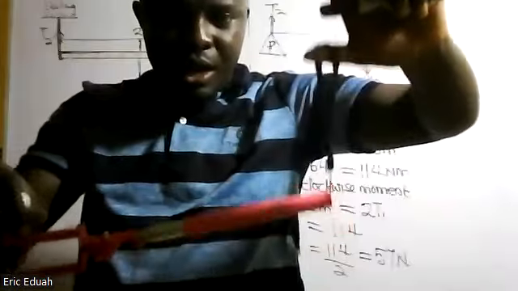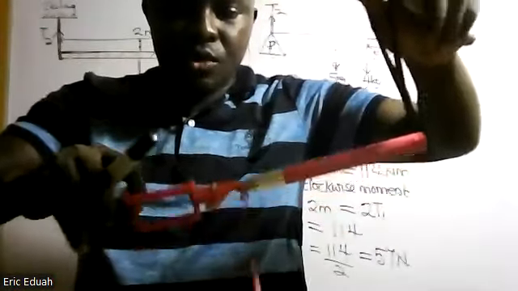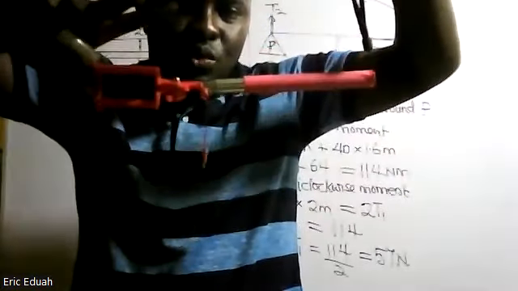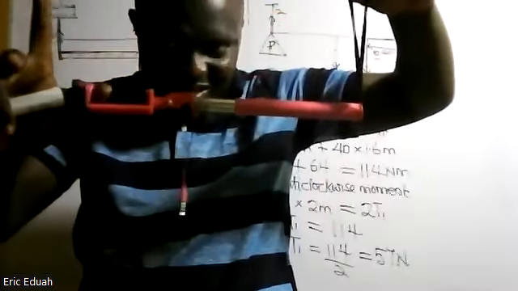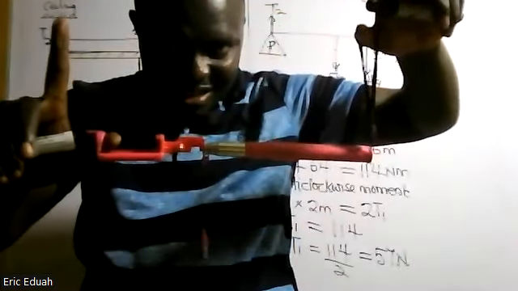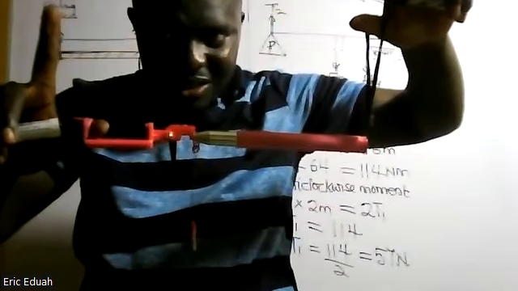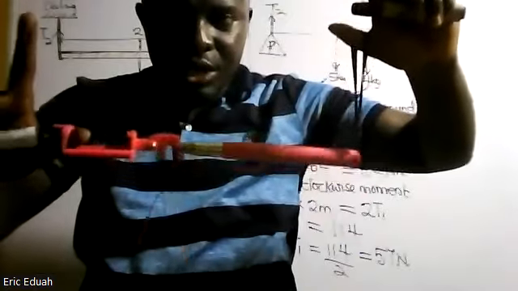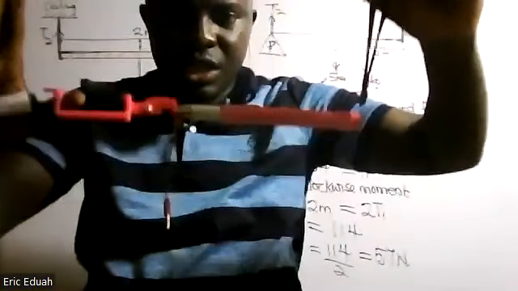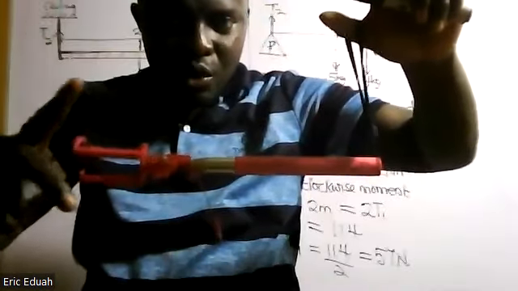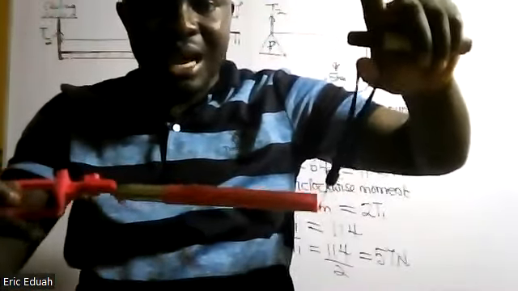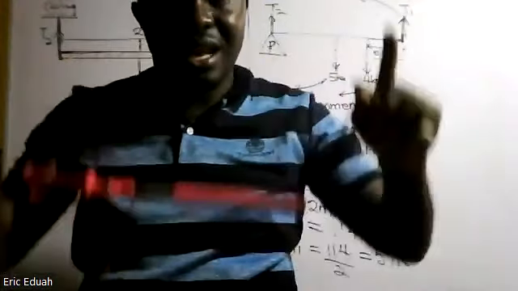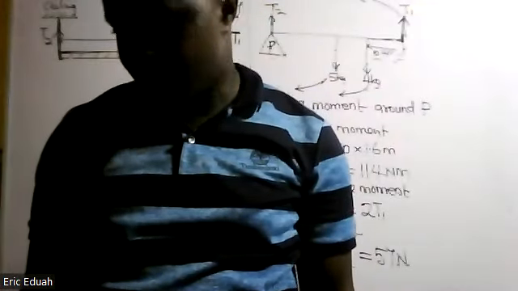This is one wire or thread connecting it. I have another one to the other end, connecting this to the ceiling. So the strings or the wires hold the rod in position in this manner. The T1 and the T2 are the tensions within this wire and then the other wire held to the ceiling.